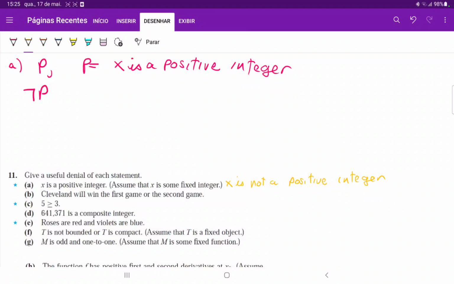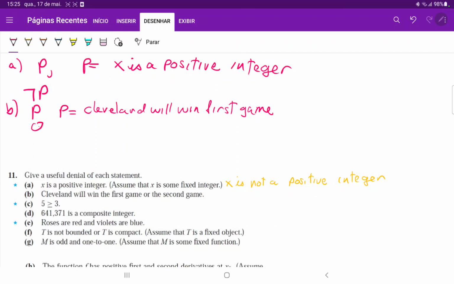So let's look at item B. We're going to set this up in propositional form. For B, we have that Cleveland will win the first game or the second game. So we have P, where P is Cleveland will win the first game.